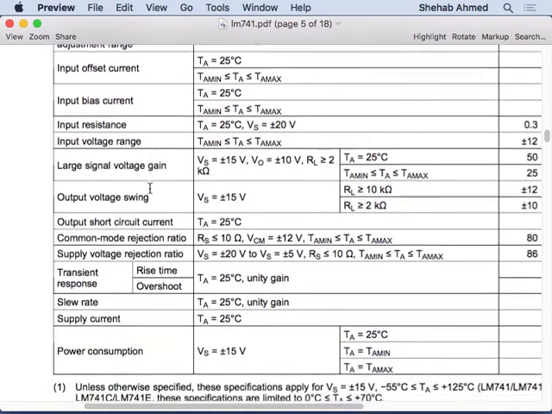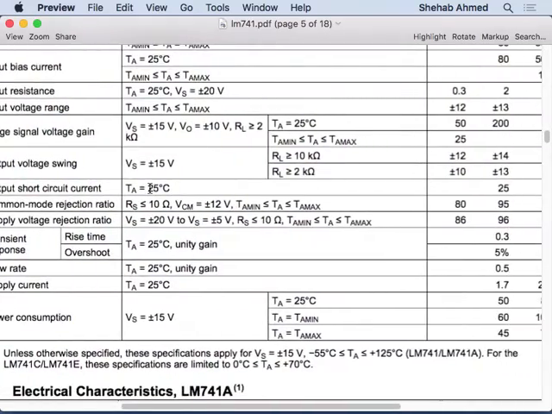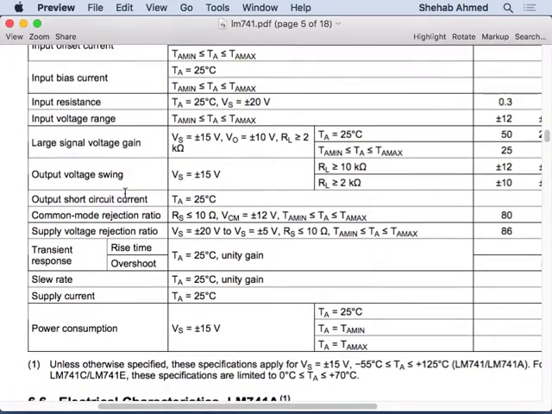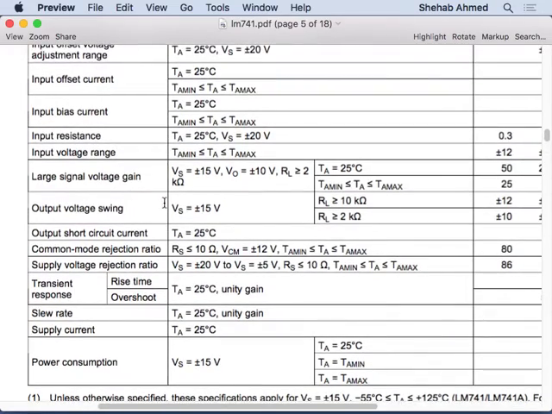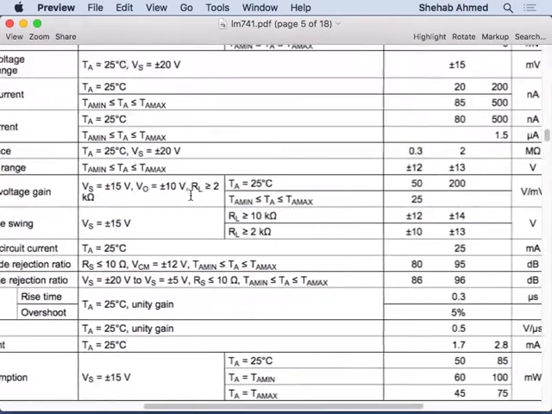Input resistance, large signal gain, output resistance, common mode rejection, supply voltage rejection, transient response, slew rate, supply current. It's not there. Large signal voltage. So we have a gain here, but we don't have FT.